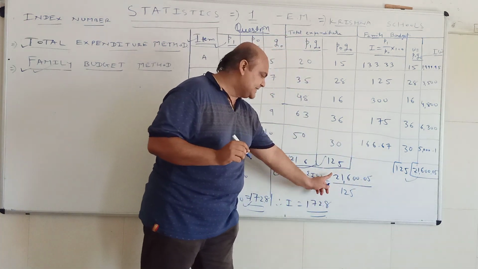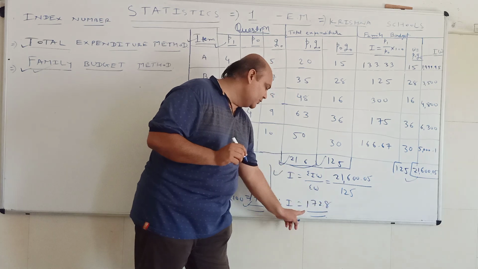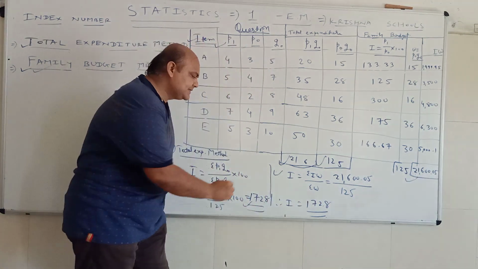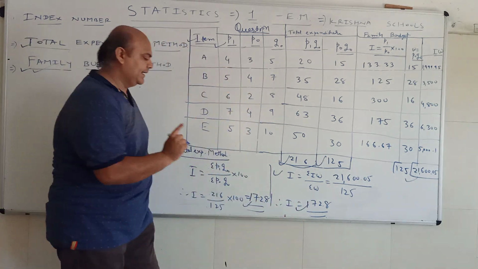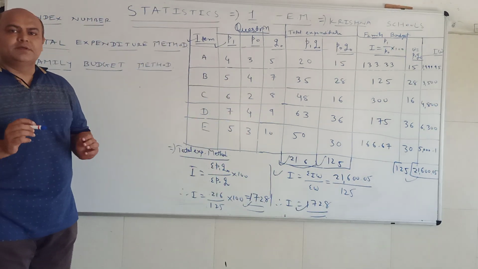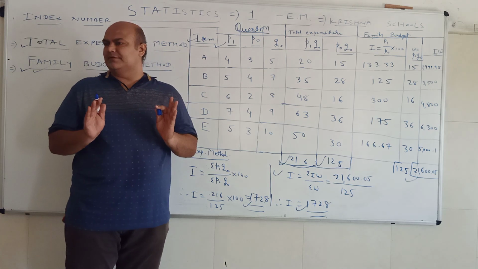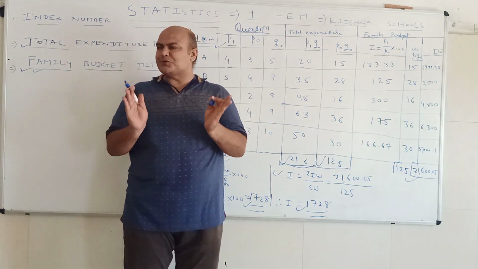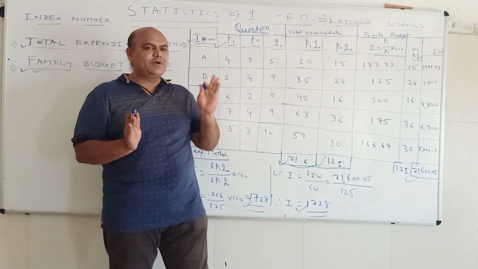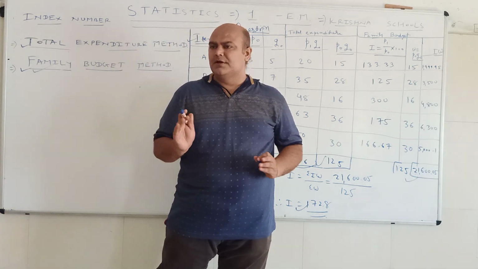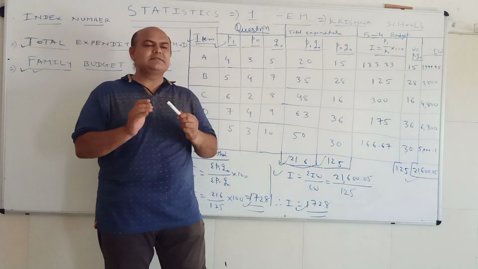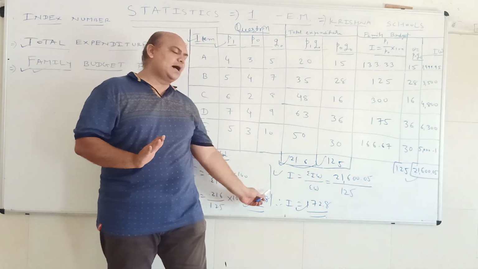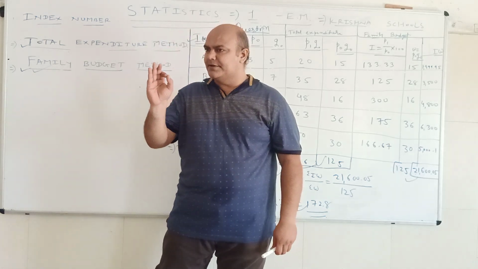Finally, the answer comes, index number, that is 172.88. See, the answer by both the methods, whether it is total expenditure method, aggregate expenditure method, or family budget index number method, always comes the same. Here also the answer is 172.8.